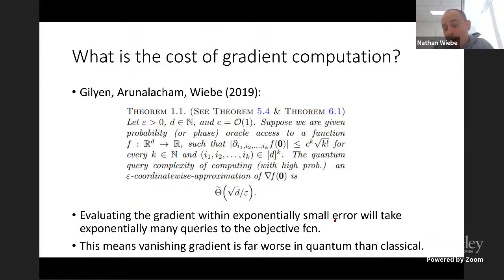So if our gradient is like 10 to the minus 16, the value of epsilon we would need just to get the sign of the gradient correctly is about 10 to the minus 16, which means the number of steps we would need is like 10 to the 16 in order to evaluate even just the direction that we're taking for the gradient.